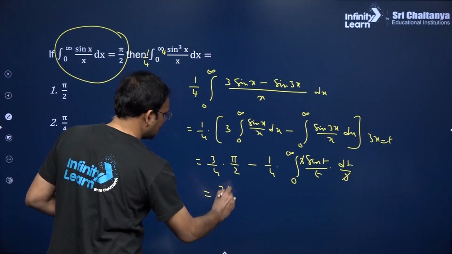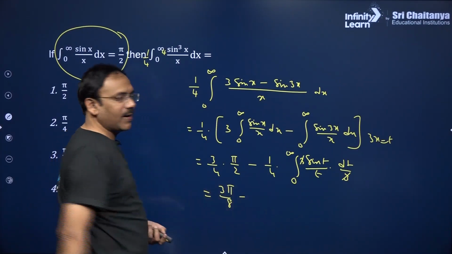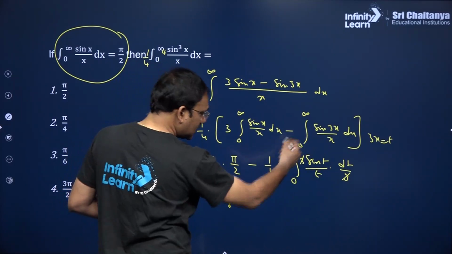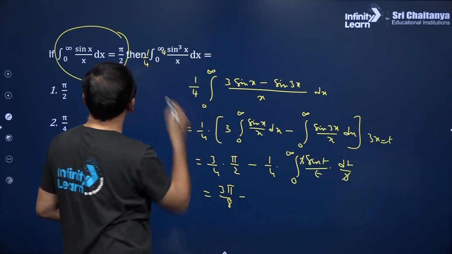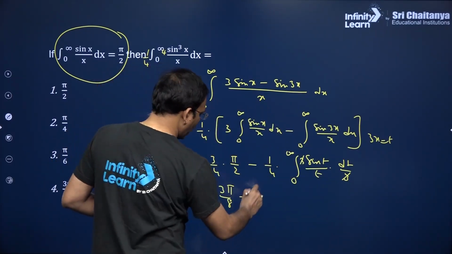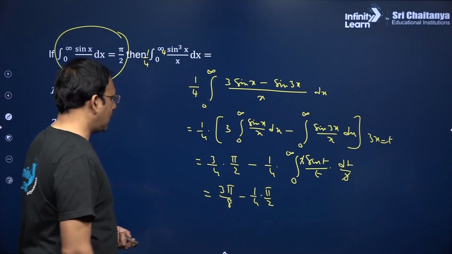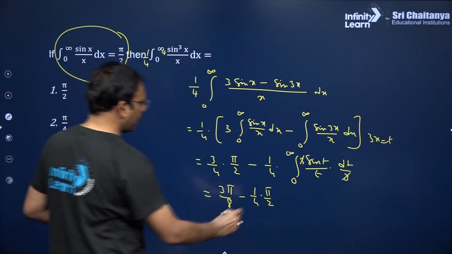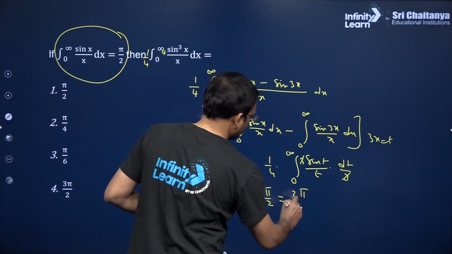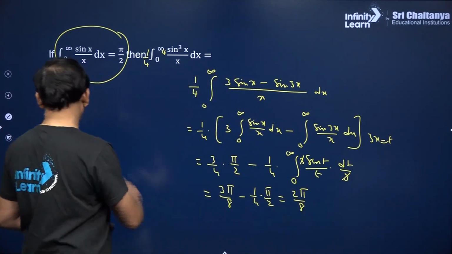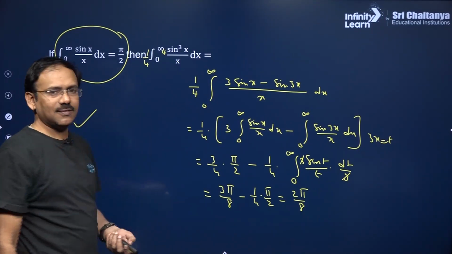So this is 3 pi by 8 minus, again the same structure, 1 by 4 into pi by 2. So 3 pi minus pi, 2 pi by 8 it is, which is pi by 4. Pi by 4 is the answer, my dear friends.